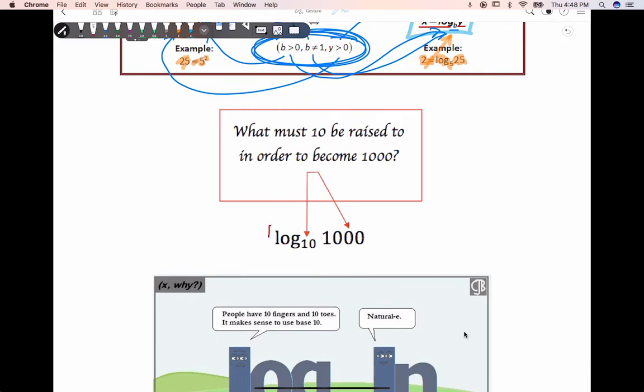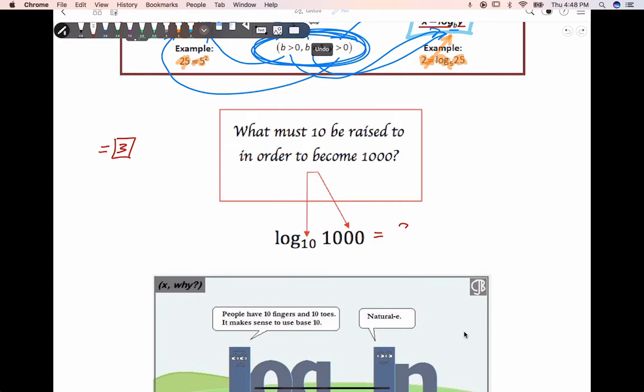Believe it or not, log base 10 of 1,000 is just the number 3. The reason that works is because I know that this is equal to something. We could call it x, we could even call it question mark.